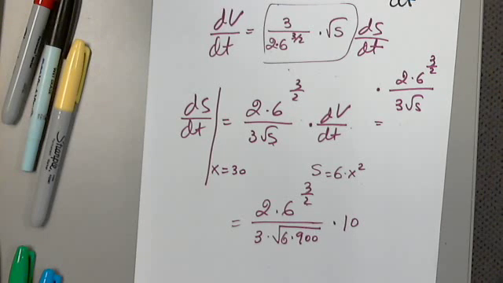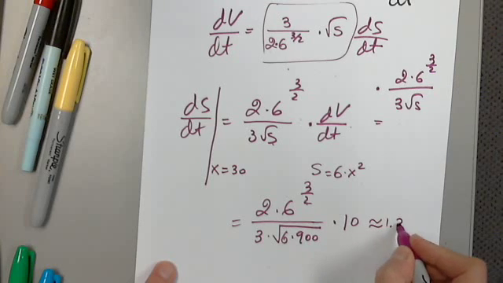Close the parenthesis for the top and divide by, in parentheses, 3, the square root, in parentheses, 6 times 900, close the parenthesis, and close the parenthesis for the outside. Okay, 1.33.